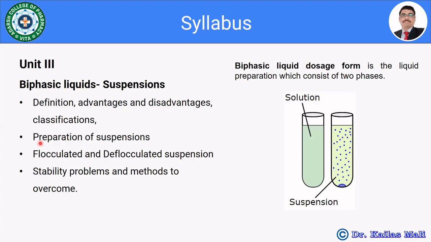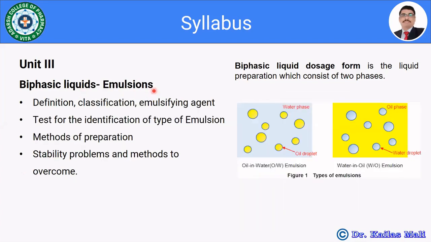Furthermore, we are going to discuss the preparation of suspension, how the suspensions are prepared, formulation of suspension, then the difference between flocculated and deflocculated systems, along with the stability problems and methods to overcome the suspension stability. So these are the major points which we are going to discuss under the chapter suspension. Let us move towards the next bit, that is the emulsion.